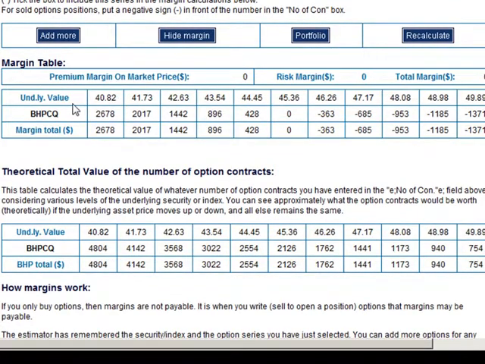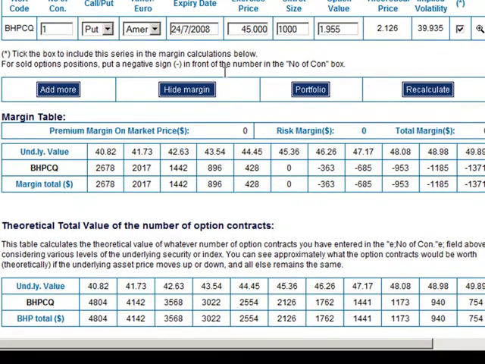Now, here's the margin table. This is how, to what degree, the margin will move up and down relative to which way the price goes. Being that it's a put, this is around where the price is at the moment, if the price rises, the put value diminishes, which is why these are minus.